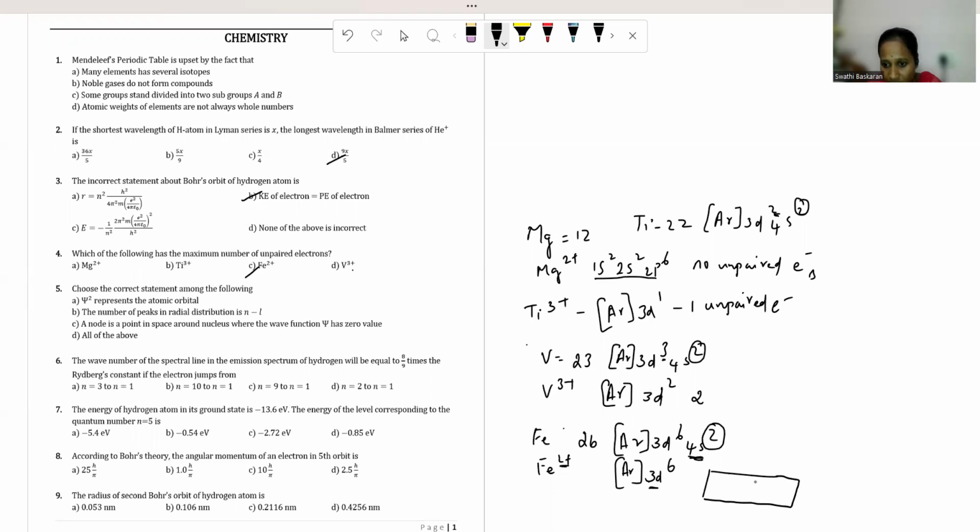All of us know that 3d has 5 orbitals. Except in the first orbital, all the remaining will have 1 electron each, and hence how many unpaired electrons? 4 unpaired electrons are there. Hence option C is the correct option for question number 4.